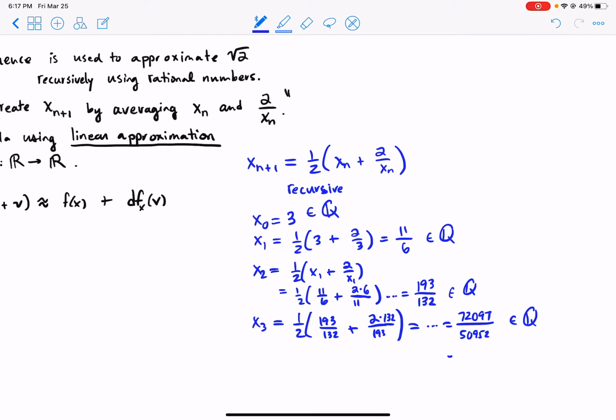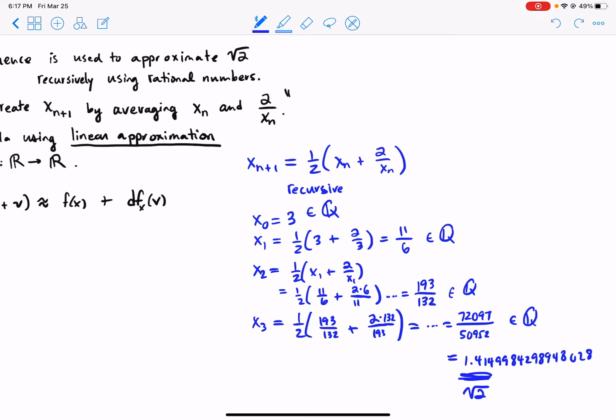And if you actually divide this into decimal form, it looks like this. Anyway, I'll stop. But you notice that it's looking like it's very close to square root of 2, and we just did the third element of the sequence.